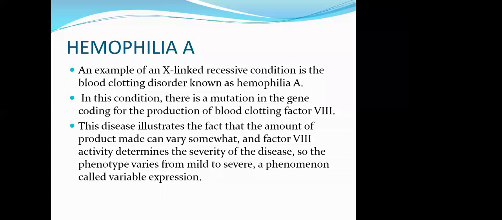X-linked because the gene is on the X chromosome, and it's a recessive gene because you need both to be affected, but for females, because one X is already condensed as a Barr body, they have just enough proteins, they behave like traits. So males are mostly affected.